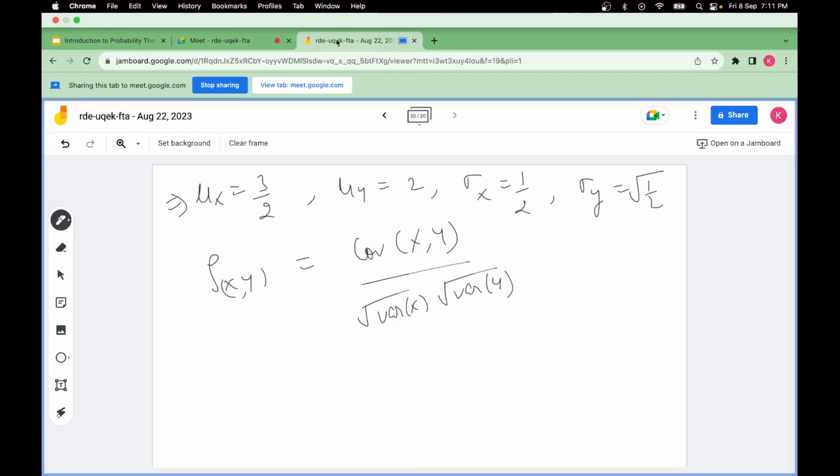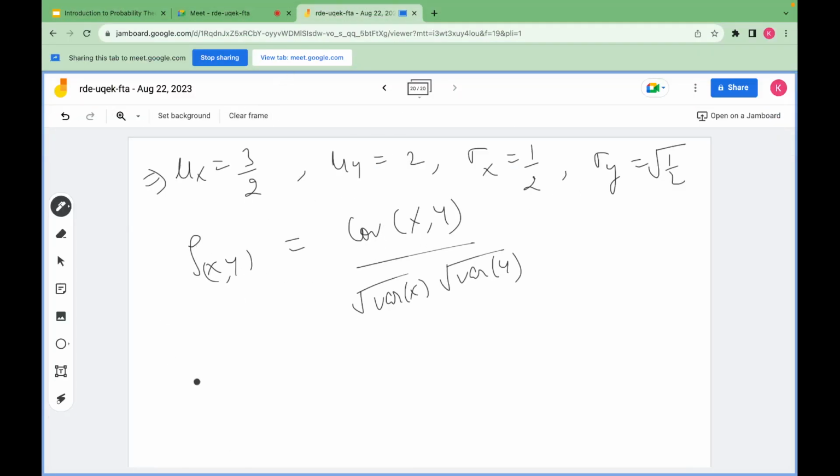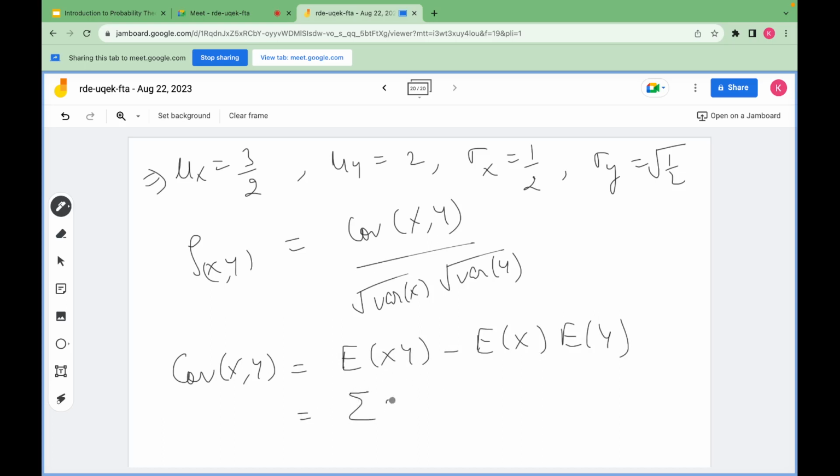So we need to find this. Covariance of x comma y is nothing but expectation of xy minus expectation of x into expectation of y. So expectation of xy will be the summation of xy into the joint probability mass function f of x comma y, which is given in the question, and minus mu x mu y.